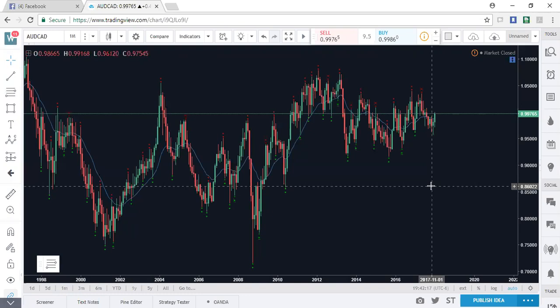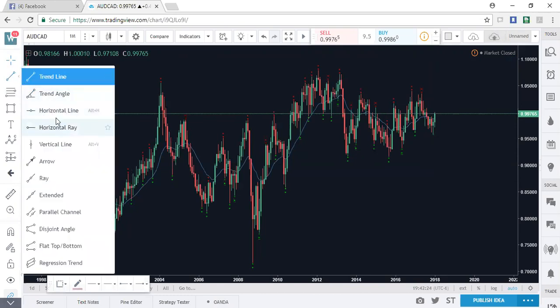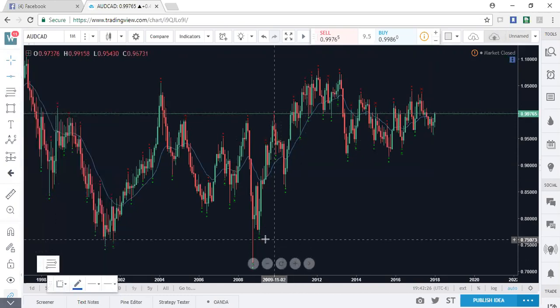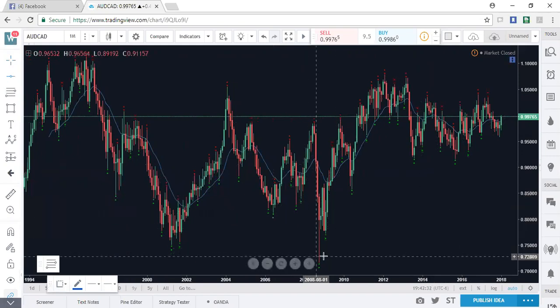Some of them move like 2,000. But basically, what we're going to be doing is identifying these key levels and putting them at price. So we know that we're expecting an uptrend.